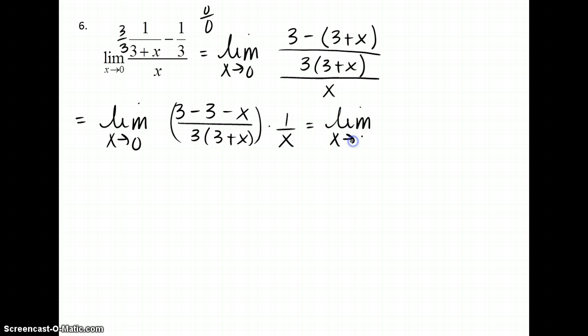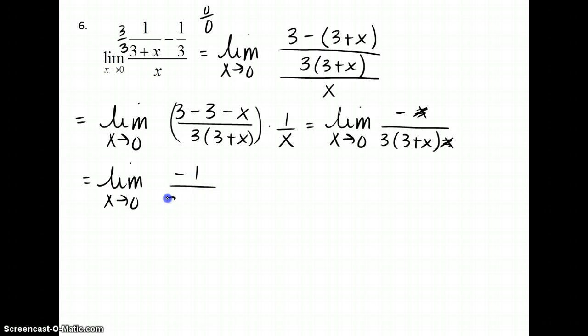Combining like terms, we get negative x all over 3 times 3 plus x times the x again. Now these x's cancel, and we're left with the limit as x approaches 0 of negative 1 over 3 times 3 plus x. Substituting in 0 for x, we got our limit of negative 1/9.